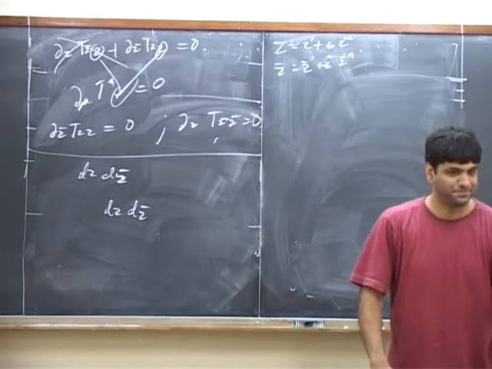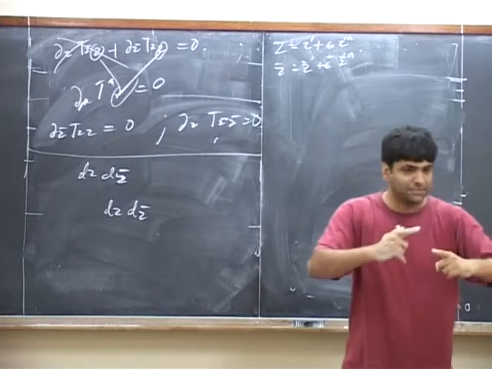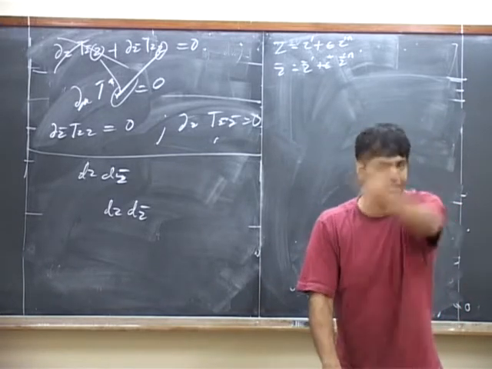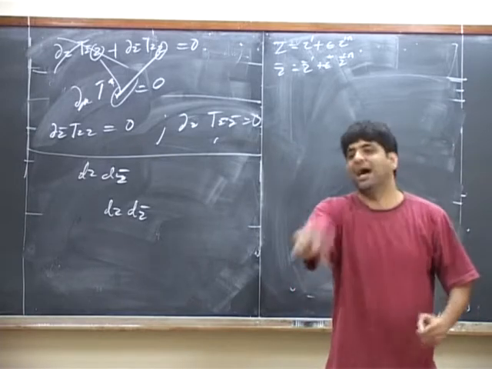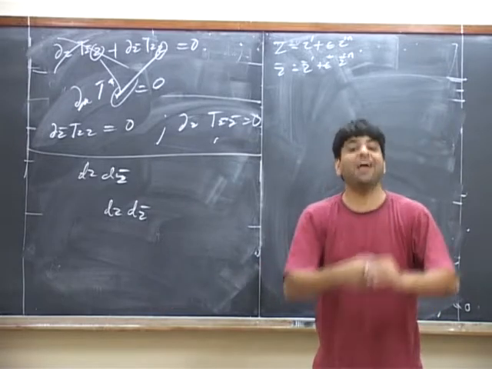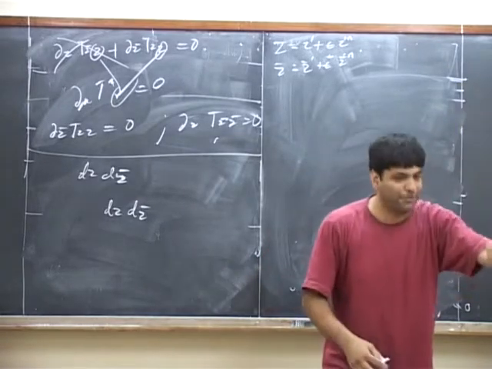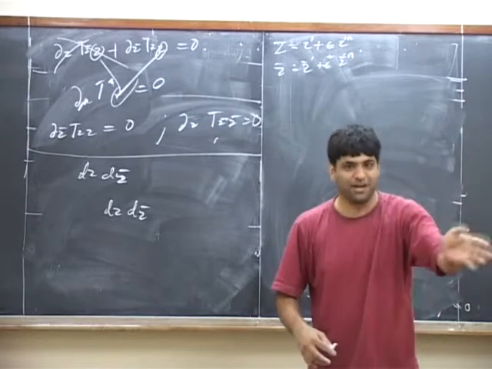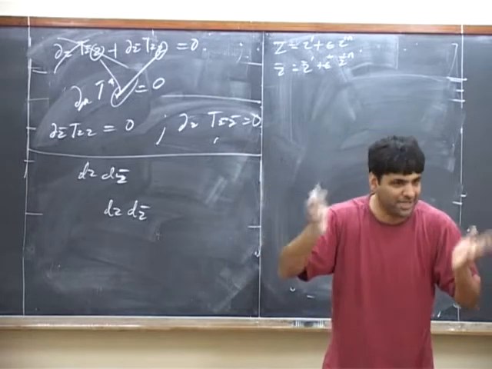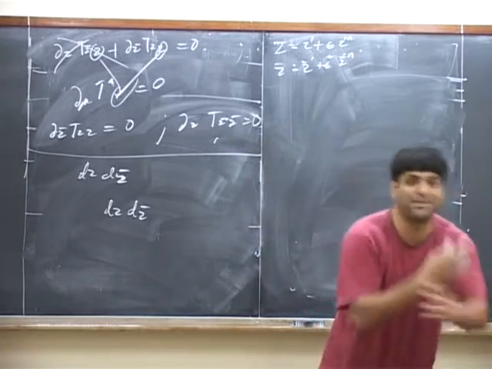What I'm doing is changing variables from two independent things, the real part and the imaginary part, to real plus i times imaginary and real minus i times imaginary. There are two symmetries here, and I'm parametrizing them by real plus i times imaginary and real minus i times imaginary. The number is 2, and I can parameterize it anyhow.